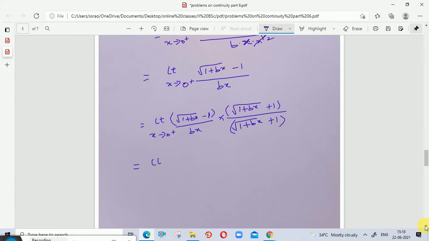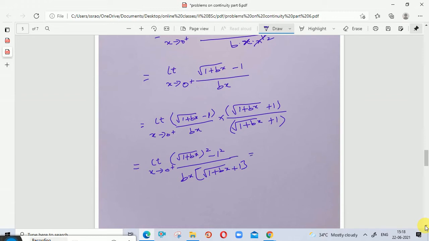limit x tends to 0 plus, a square means root of 1 plus bx whole square minus 1 square, by bx into square root of 1 plus bx plus 1.